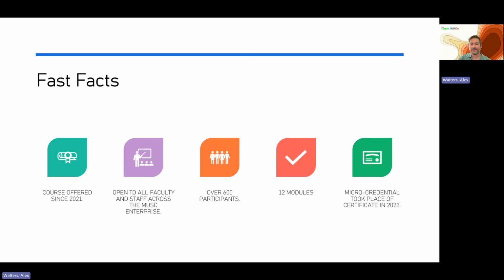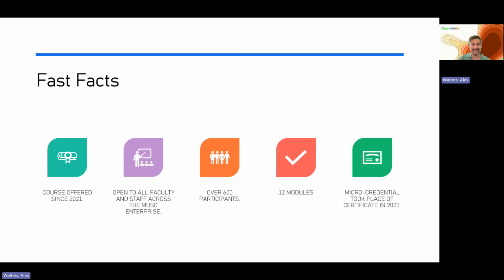So let's talk about a few fast facts about the Fundamentals of Digital Accessibility course. It's been offered since 2021 in Brightspace. It's open to all faculty and staff across the MUSC enterprise. So again, we have all these different groups, all these different folks that are interested in this work. So this course is open to everyone.